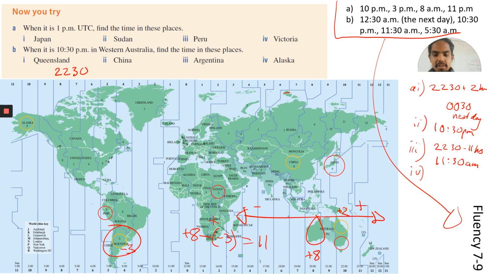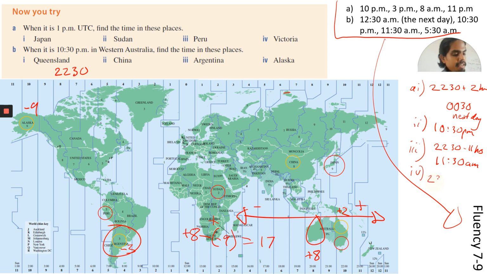Finally, in Alaska, over here, we are -9. So what's the difference between plus 8 and -9? Let's reuse my working out down here. Plus 8 subtract -9, that's now going to be 8 plus 9, which gives me 17. We are 17 hours ahead of Alaska.